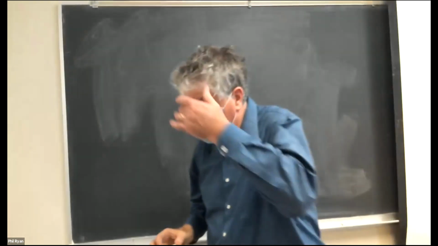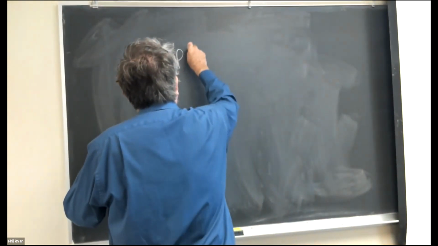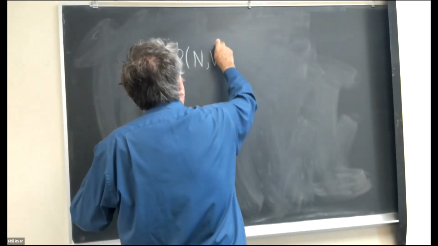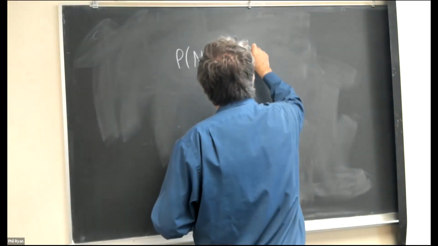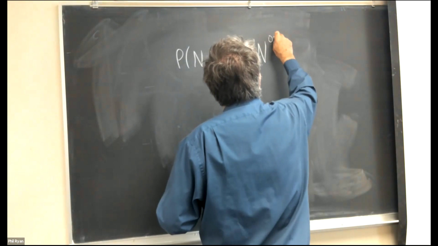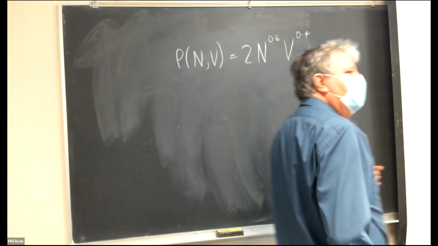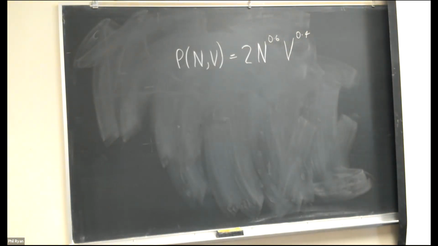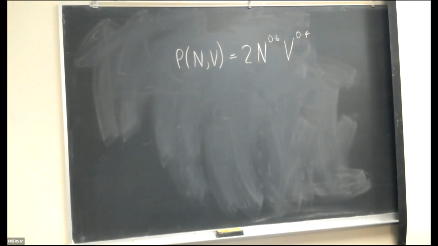Let's have a look at an example from economics. So let's have a look at one of those Cobb-Douglas functions. Let's say you own a printing press, a printing business, and you've discovered over time that your Cobb-Douglas function looks like this.